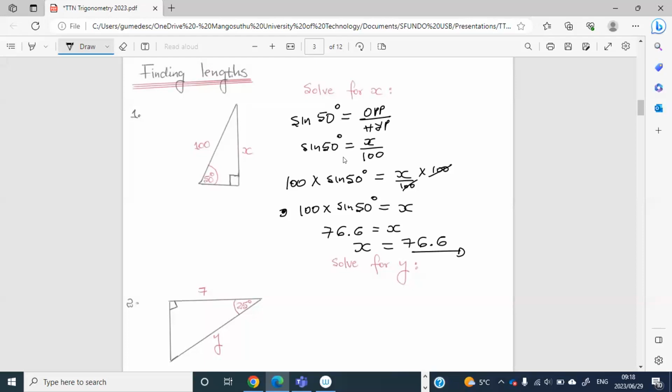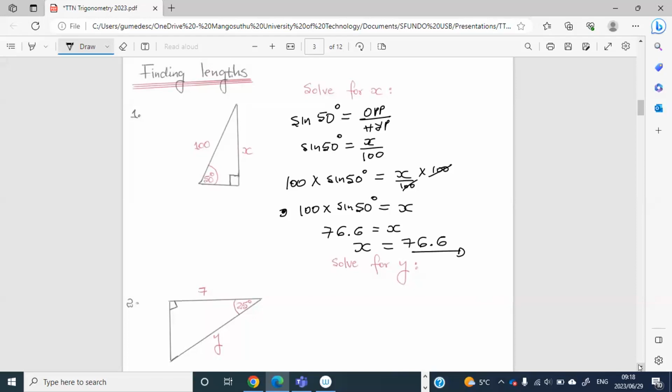We said if we use our soccer tool, it's sine. So sine is opposite, which is x, over hypotenuse, which is 100. And then we got the length of the side, x, which is 76.6. Right. I hope that that is easy and straightforward.